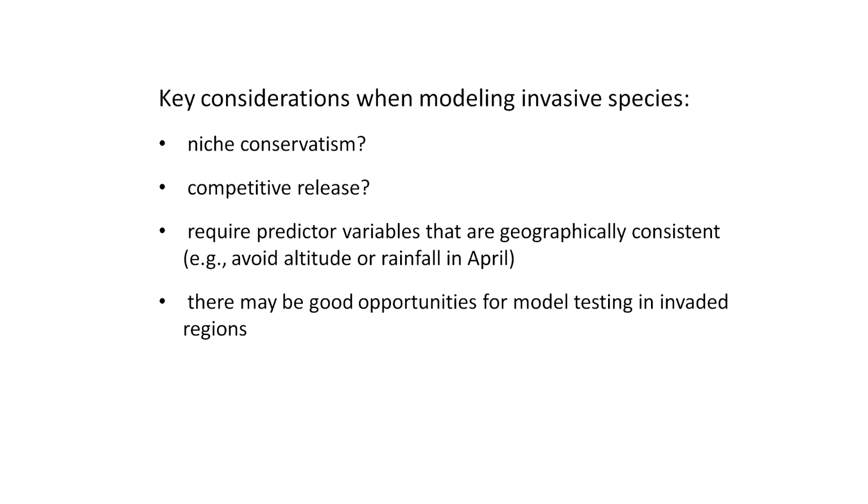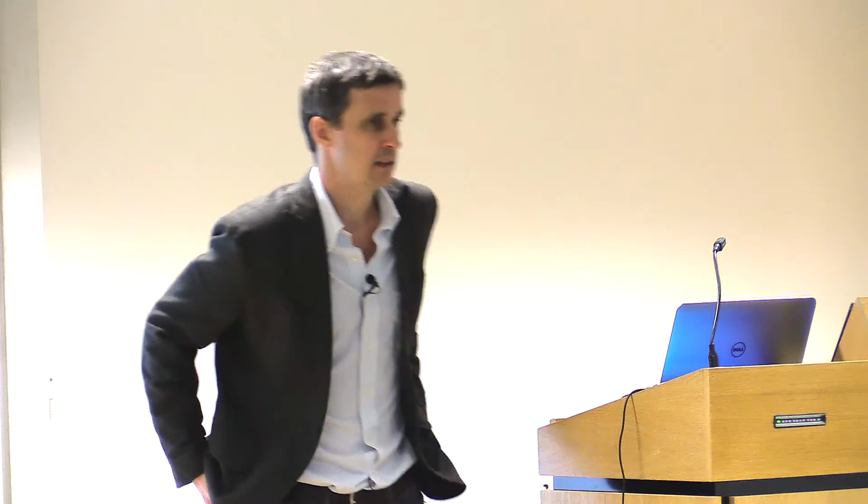Or rainfall in the coldest quarter. Whatever that 3 months is, it might be January through March, it might be another 3 months in the year. So be very careful. It might sound obvious, but we see these mistakes. The variables that you're using really need to translate across different parts of the globe if you're interested in these big macroecological or biogeographic scales.